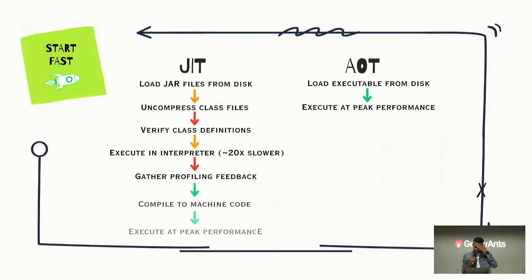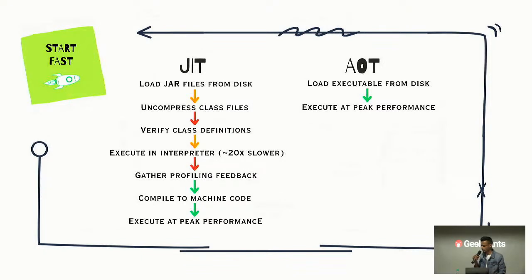Next, let's understand how these two compilers work. First one is JIT. As you can see, it goes through a lot of process in order to execute your jar. First it loads the jar file from your disk, and then it uncompresses the class files, verifies class definitions, and executes in the interpreter, which, as I have mentioned there, is 20x slower than GraalVM, and it impacts your startup time as well.